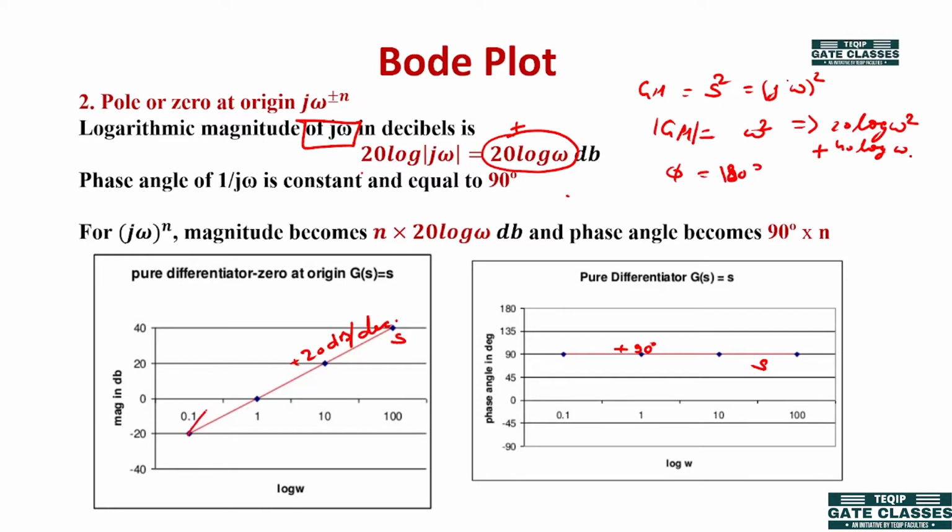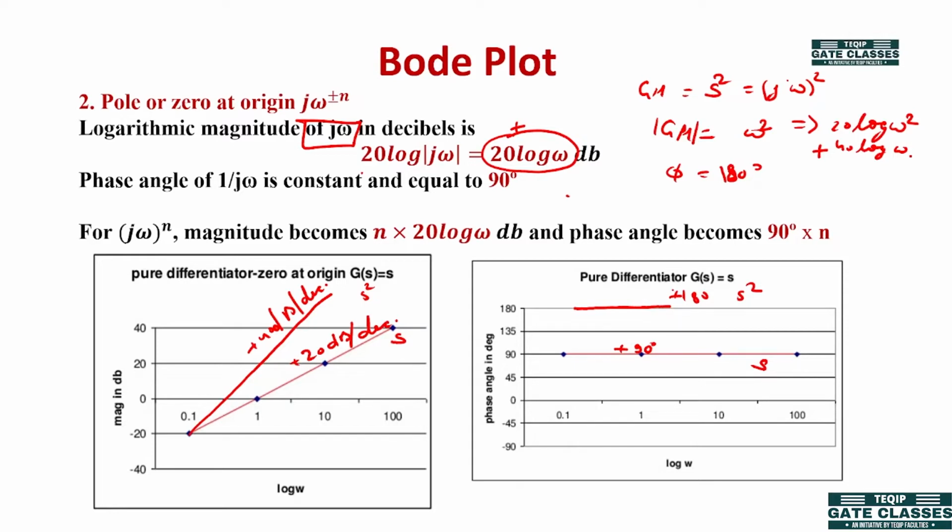So for two zeros at origin, we have a slope of plus 40 dB per decade and an angle of plus 180 degrees for S square.